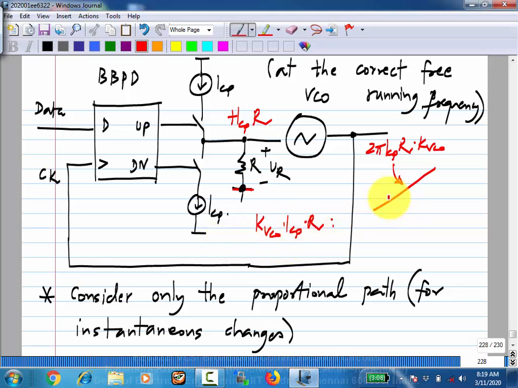Right now when both up and down are 0, this is oscillating at the right frequency. When you have up as high, you will have ICPR as the control voltage, and KVCO times ICP times R as the frequency step.